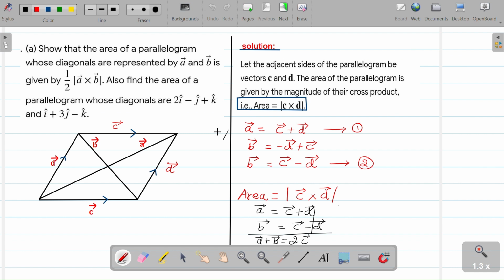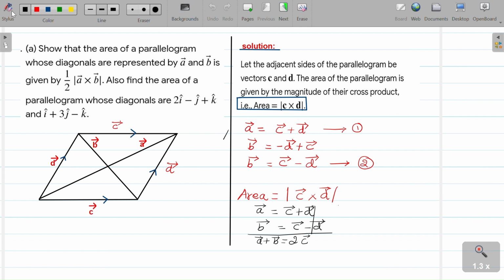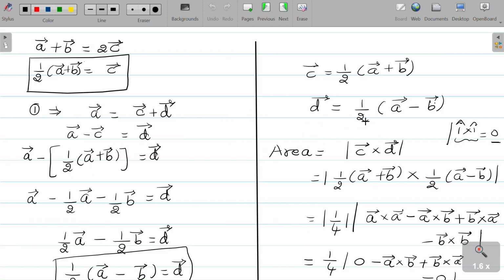In the first part, we have proved the area of the parallelogram, if the diagonals are given, so that I am taking the adjacent sides C and D, replace A by C vector plus D vector, and replace B by C vector minus D vector, and I am writing C vector in terms of A and B, and D vector in terms of A and B. So here we have written C vector in the form of A and B and D vector in the form of A minus B by using the normal elimination methods and the substitution methods.